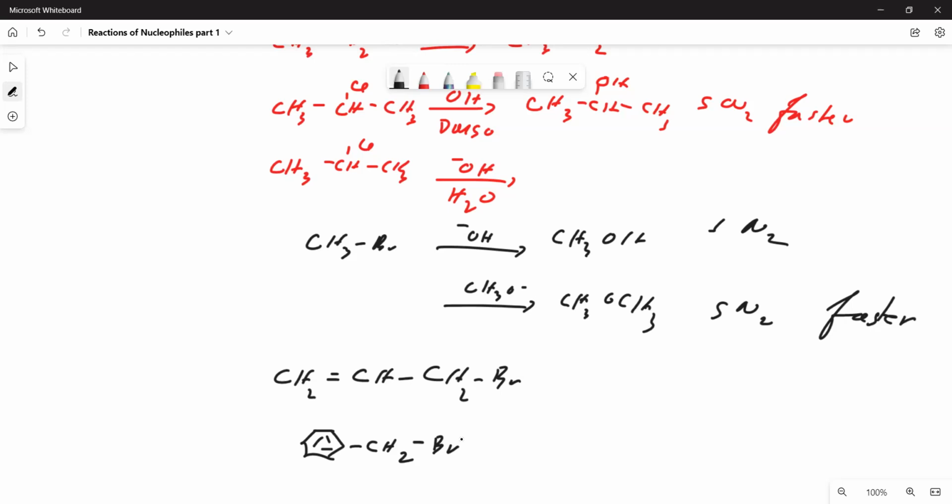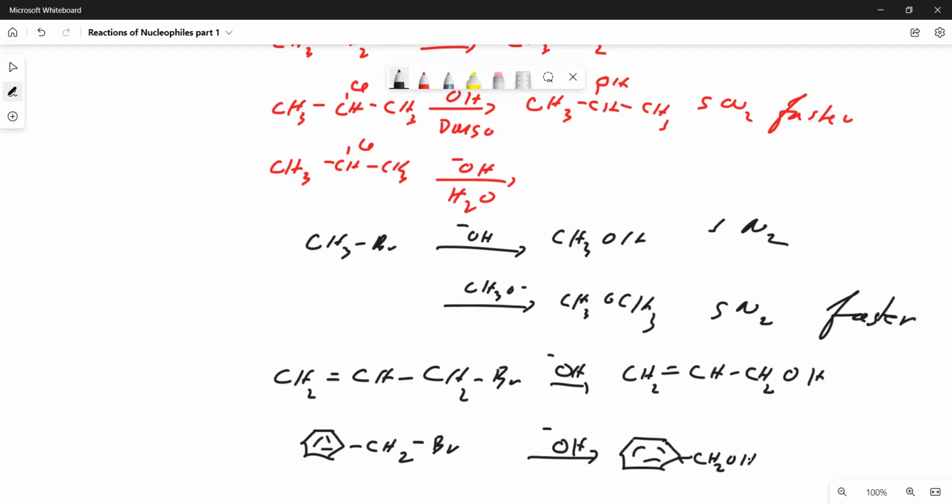So these are primary alkyl halides, so they can undergo SN2, producing allyl alcohol and benzyl alcohol.